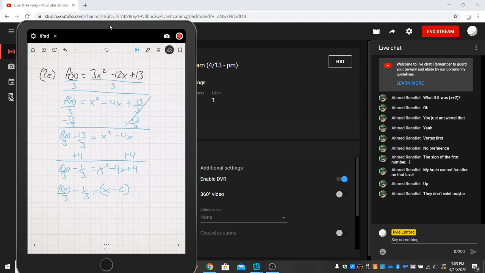That's what we get when we go ahead and factor this down. I can add the 1/3 to both sides and get f of x over 3 equals x minus 2 squared plus 1/3. And then if I multiply both sides by 3, I get f of x equals 3 times x minus 2 squared plus 1.